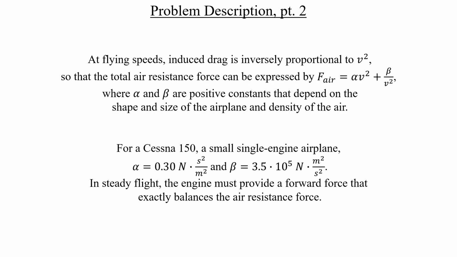Let's apply this equation to a very specific type of airplane, a Cessna 150, which has the following measured values for those constants. Here are the two things that we need to do.